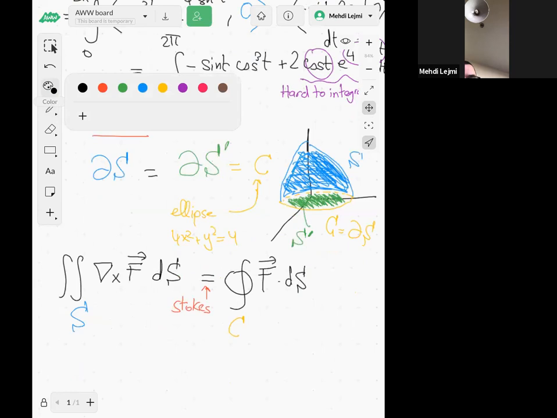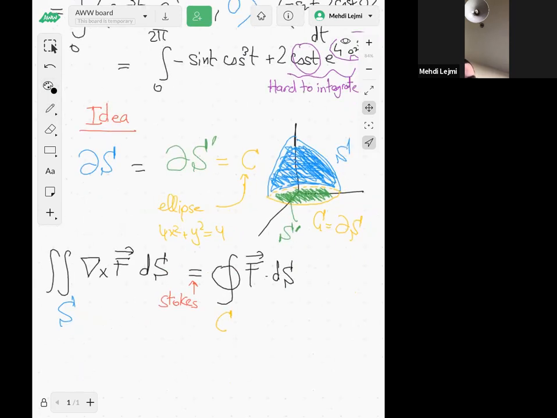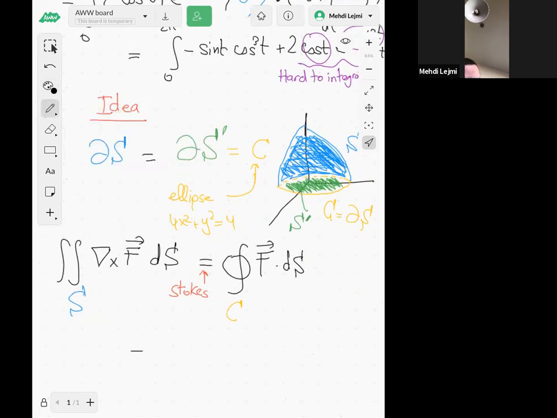So I can also use Stokes theorem, and this would also be equal to the double integral of the curl of F, but this time over S prime.